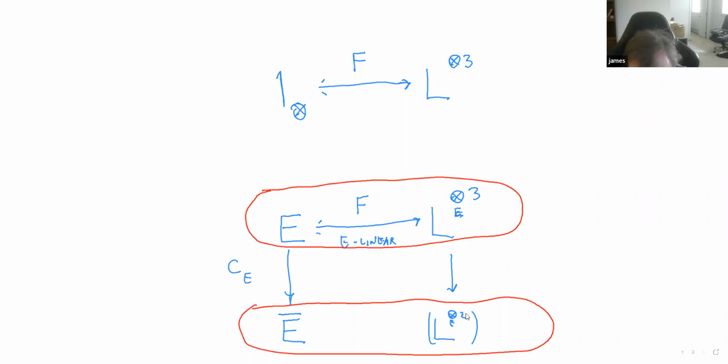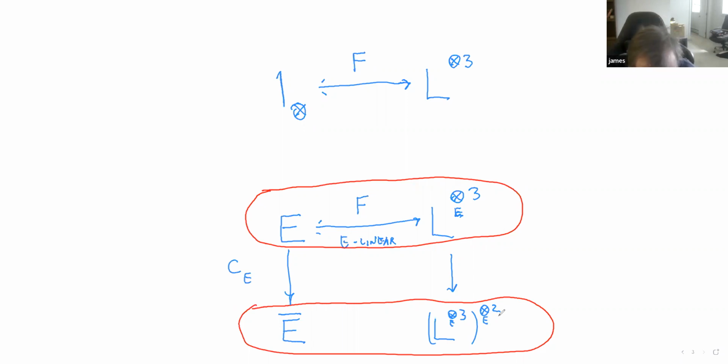Sorry, this must be an eraser. Okay. How does this work? Draw. Okay, that's the third thing. And then we have tensor squared for the Eisensteins.